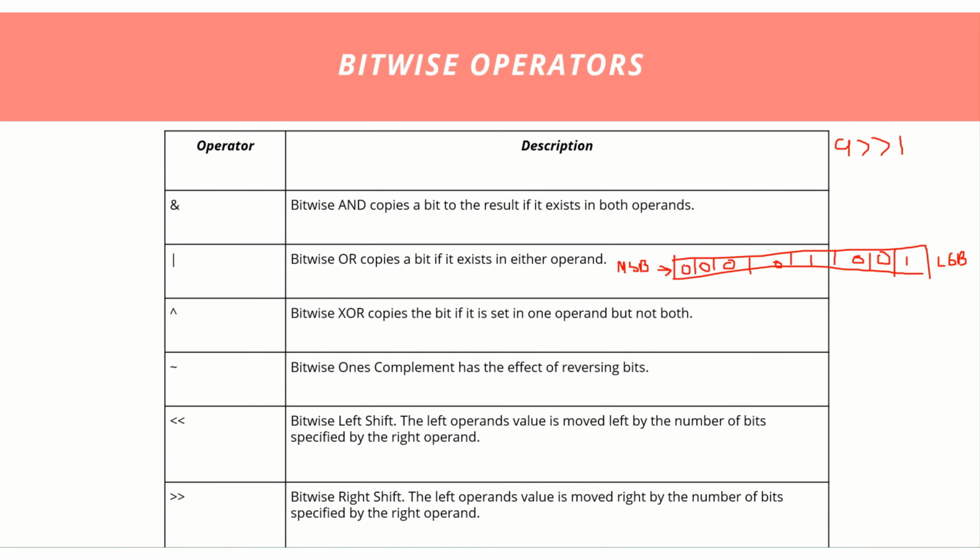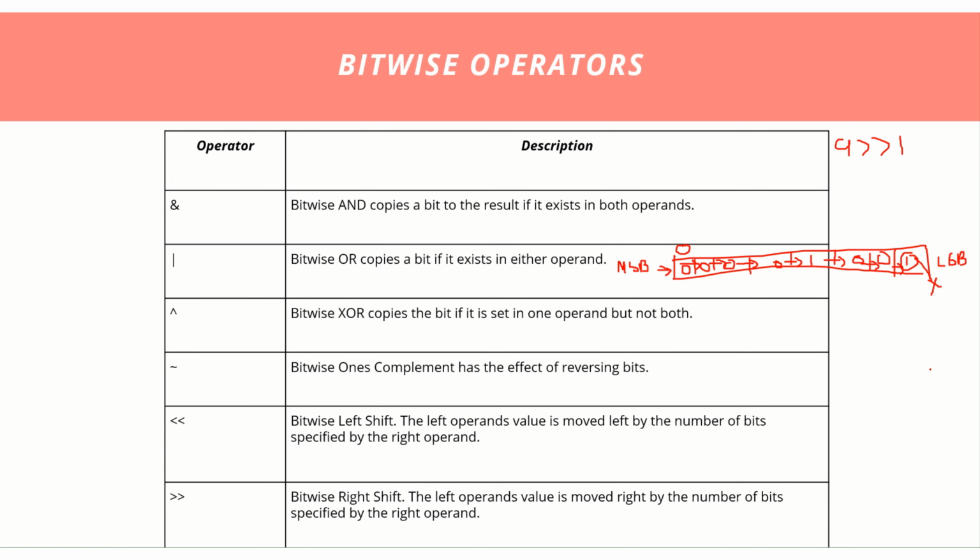The most significant bit moves towards the right by 1 bit. This 0 follows the same, and at the last this LSB bit gets lost and 0 is replaced in the MSB bit.